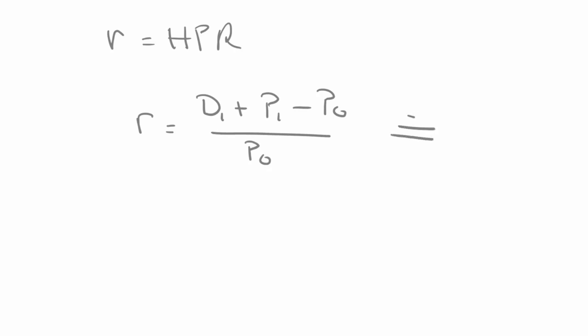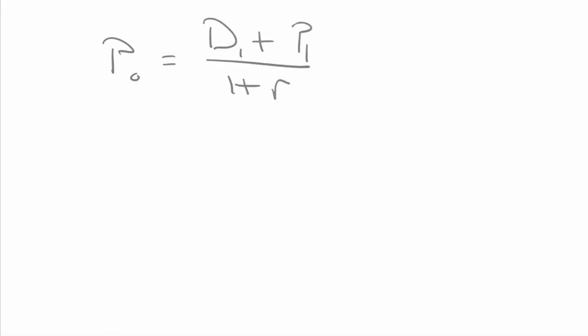If we do a little bit of algebra, that tells us that 1 plus R equals D1 plus P1 over P0. A little more algebra will get us to P0 equals D1 plus P1 over 1 plus R. So this is our first valuation formula for a stock.